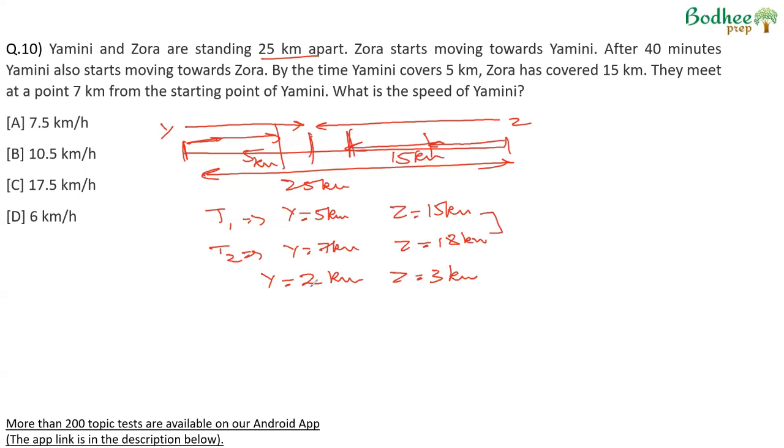We have to find out the speed of Yamini. Using this, let's find the distance covered by Zora when Yamini covers 5 kilometers, because the ratio of speeds of Yamini and Zora is 2 by 3.